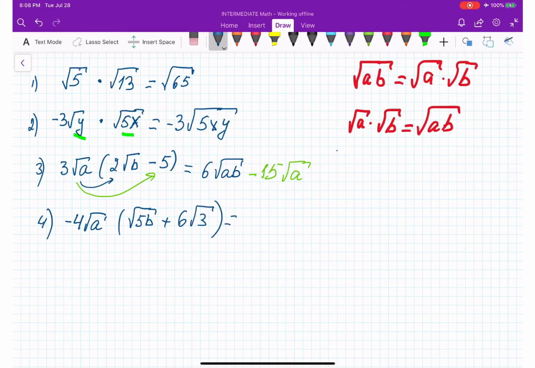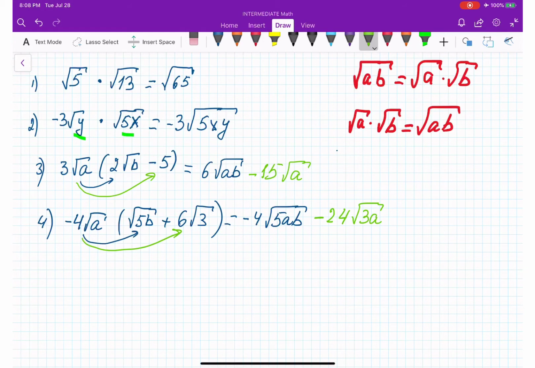So let's distribute negative 4 square root a times square root 5b. It's going to be negative 4 square root of 5ab. Next one, multiplying negative 4 square root a times 6 square root of 3. It's going to be negative, because negative times positive is negative. 4 times 6 is 24, and square root 3 times square root a will be square root of 3a. Next.